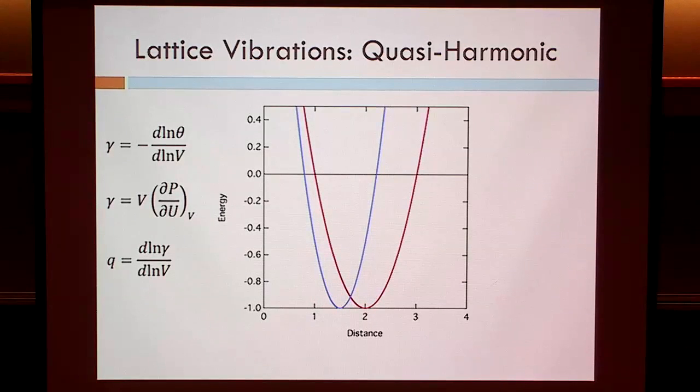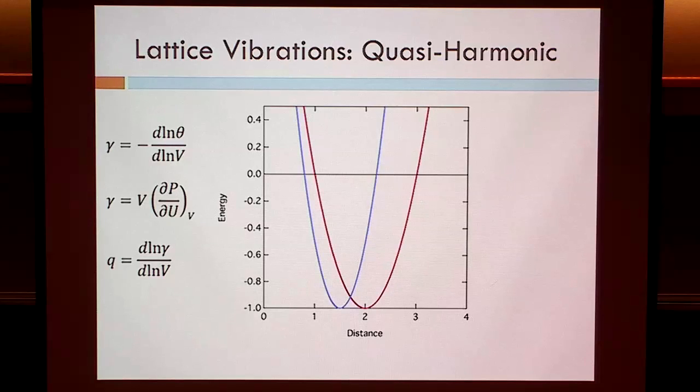And one way to describe that change in frequency with volume is in terms of something called the Grüneisen parameter. In this way here. It happens to be minus the logarithmic volume derivative of theta, which is the characteristic vibrational frequency.